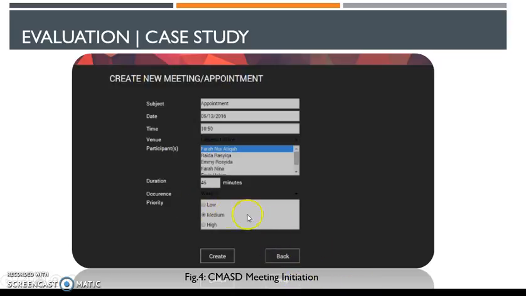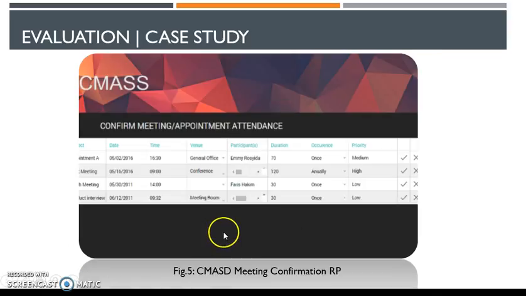Based on that pattern, we apply and adopt all the information and details as suggested by the pattern and use them for the development of the prototype. The second is for the meeting confirmation requirement pattern. We put in all the details that we have included in the requirements pattern and try to derive a system based on the information.